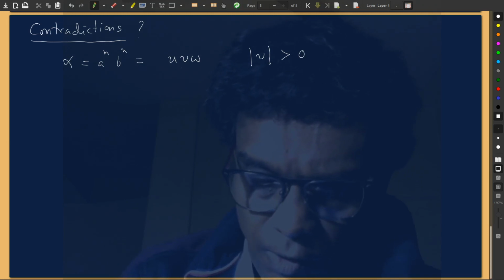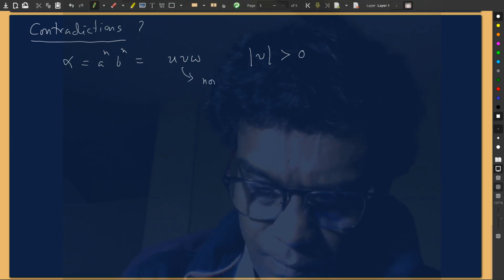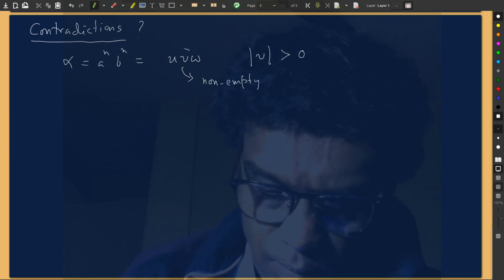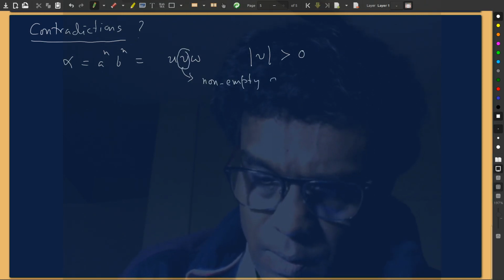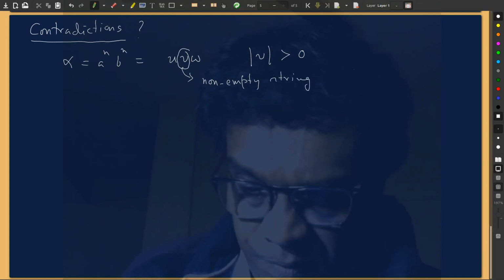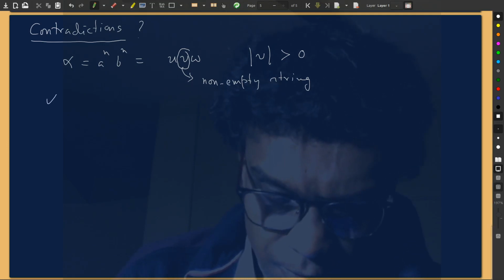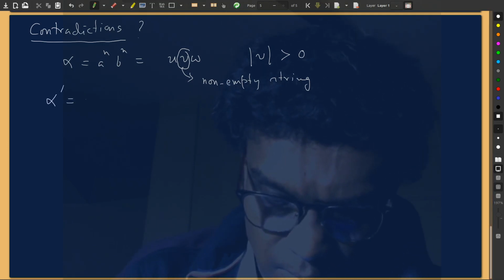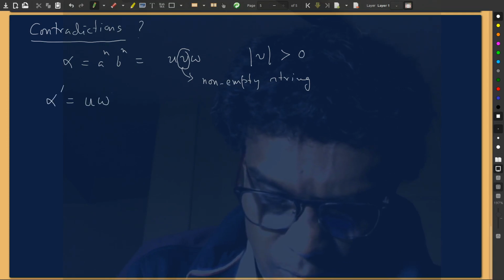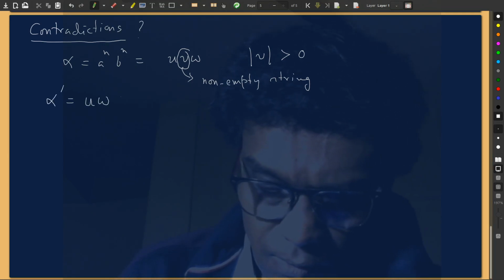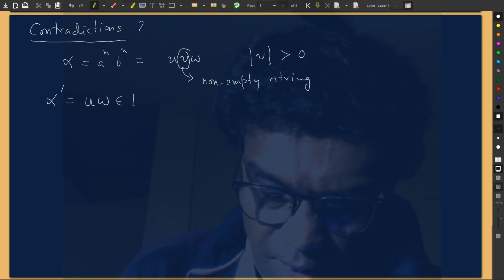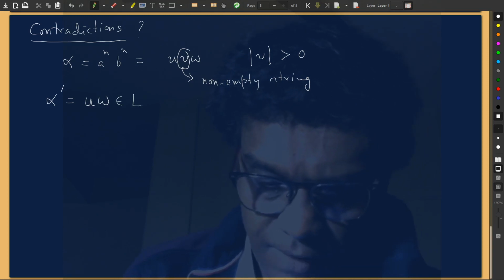So V is a non-empty substring. We have also seen that UW is again in L because the DFA accepts it.